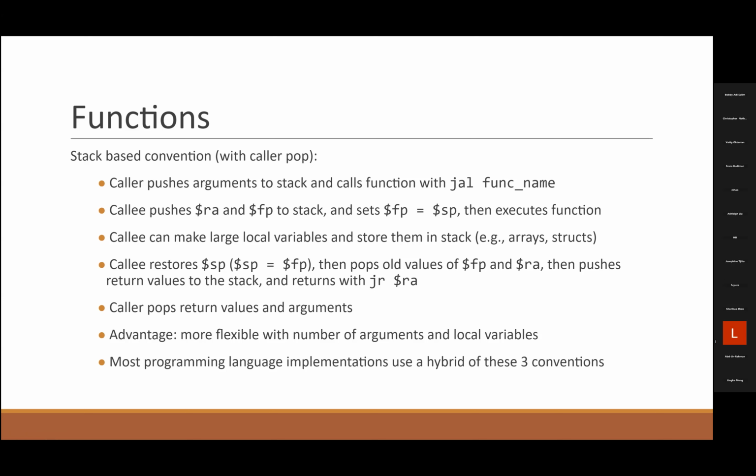Should callee retrieve the arguments from the stack first before it pushes RA and FP? No. So after you push RA and FP to the stack, you can still access the arguments by using negative offsets to FP, right?